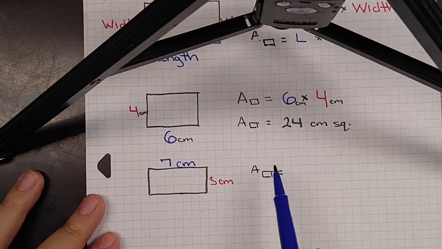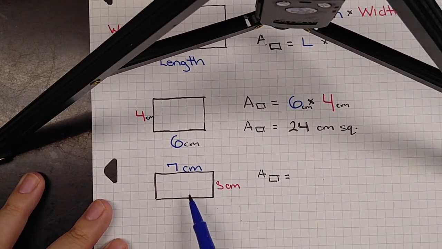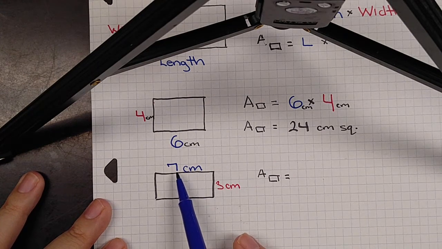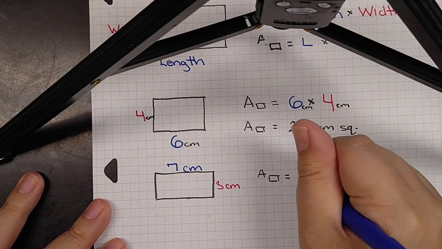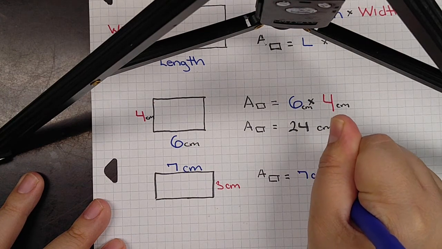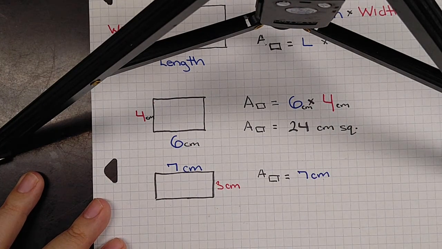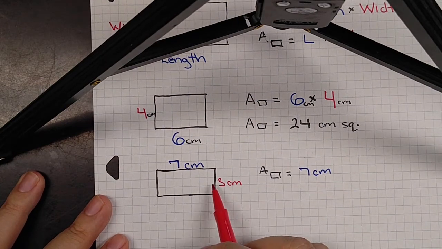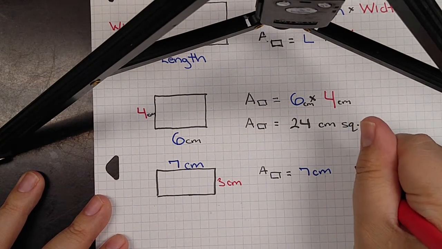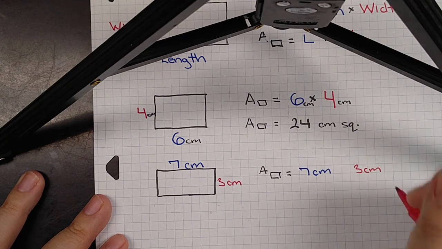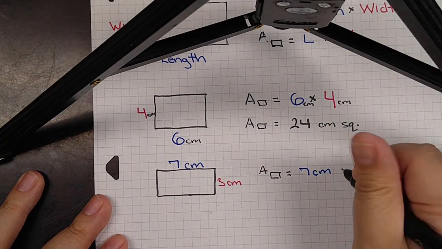As I said earlier, the length could be the base or the top of a rectangle. So here is my length, 7 centimeters. My width is going to be the left and right sides of my rectangle. Here I have a width on the right side of 3. And of course, I'm multiplying these two together.